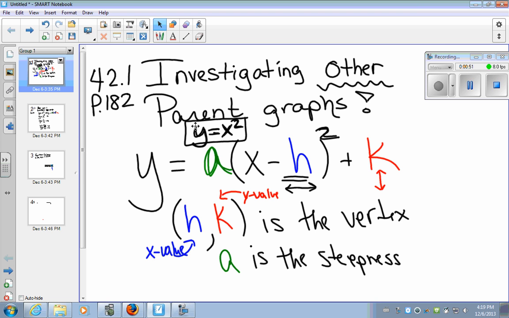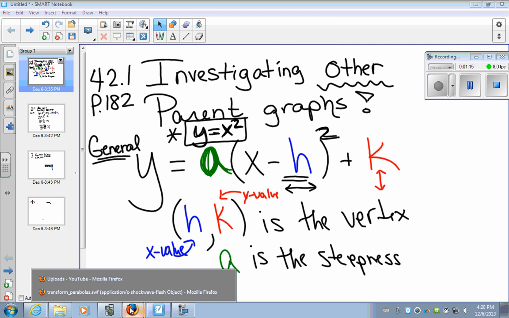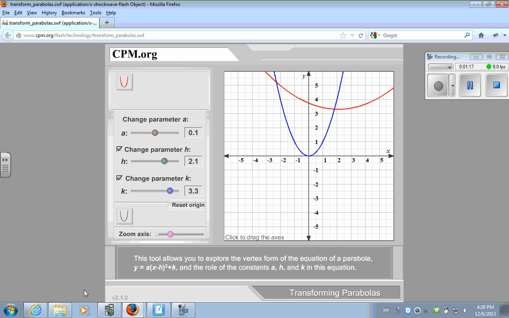But basically, what you're going to be doing is taking a parent graph, similar to y equals x squared, and coming up with a general equation, like we did with y equals x squared. So when we investigated y equals x squared, we noticed things like if we changed the number that was multiplied by the x squared, we called that a, what happened was our parabola changed its width.